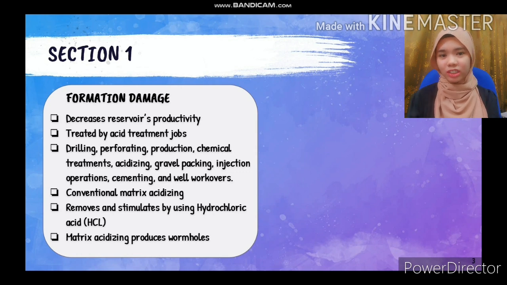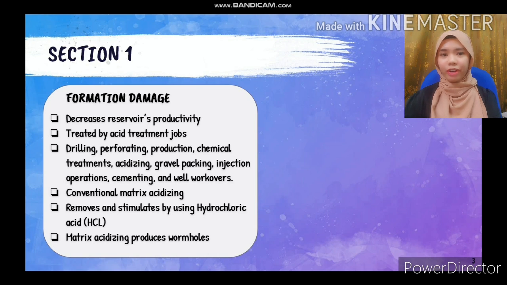Fouling situation, just like formation damage, decreases the reservoir's productivity. This fouling situation is treated by acid treatment jobs. Situations such as drilling, perforating, production, and chemical treatments are also known as fouling situations.